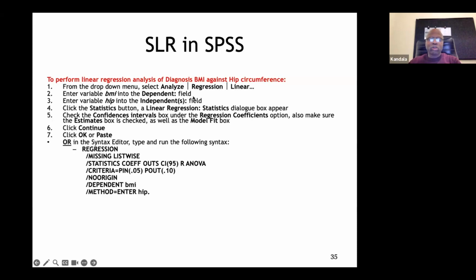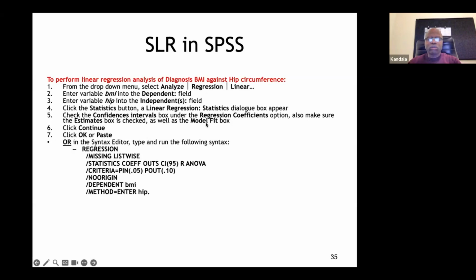So in SPSS you will have a drop-down menu, then go to Analyze, Regression, Linear. Click on the Statistics, and see whether your coefficient estimates are going to have confidence intervals.